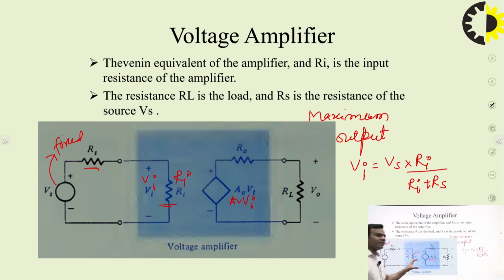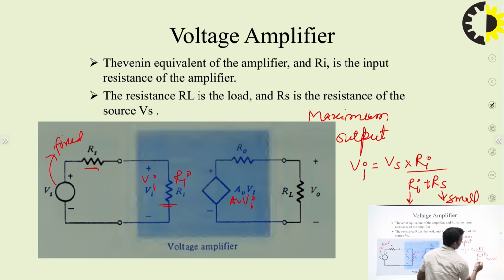So if you concentrate here, then you will come to know that if Ri will be more, then more voltage will come across Ri and we will have more value of Vi. Or in other words, you can also say that if Rs will be small, then we can get maximum Vi.